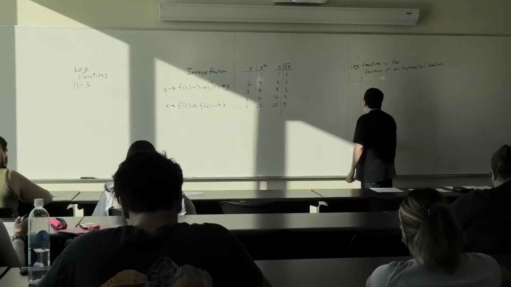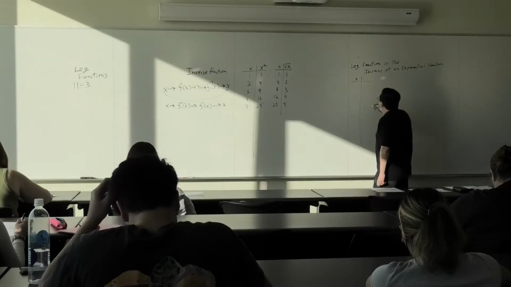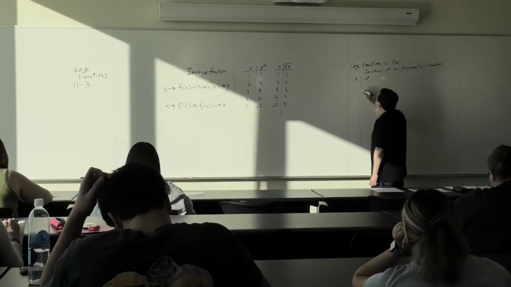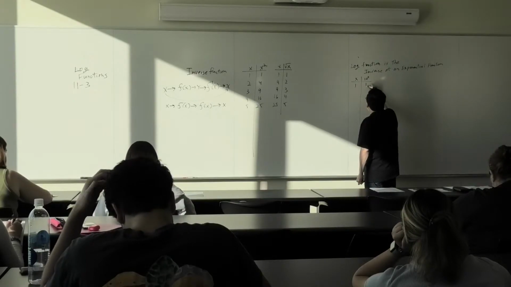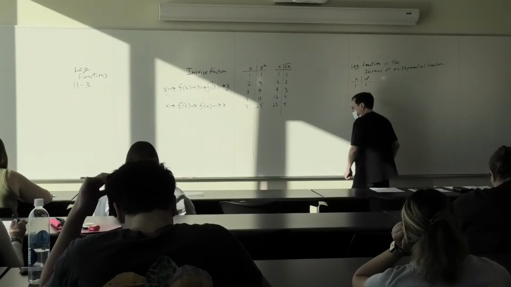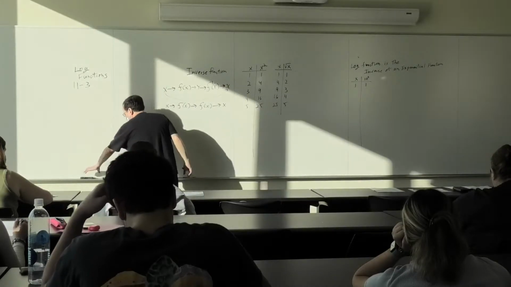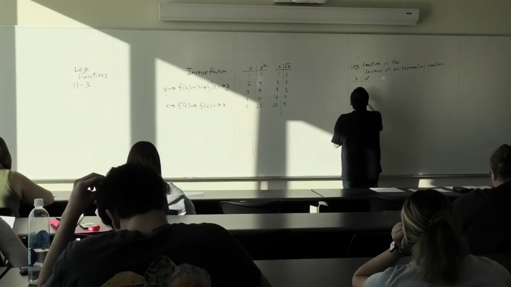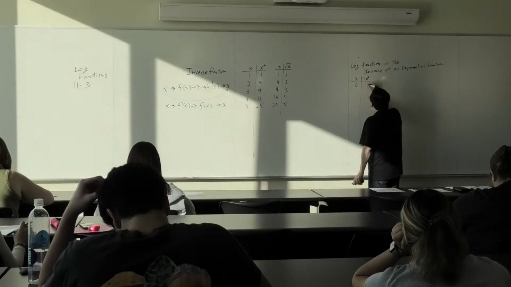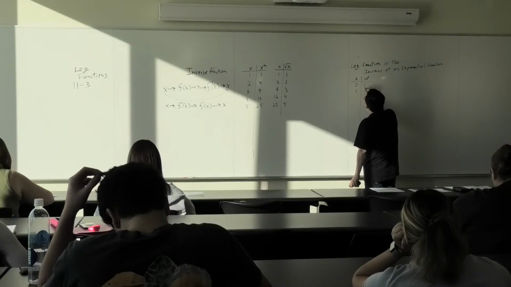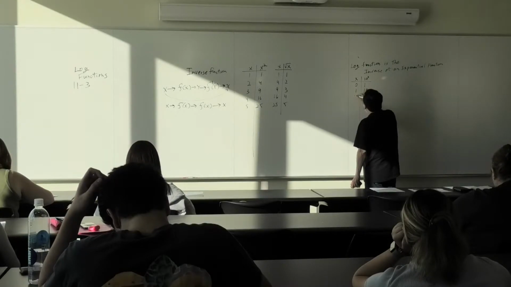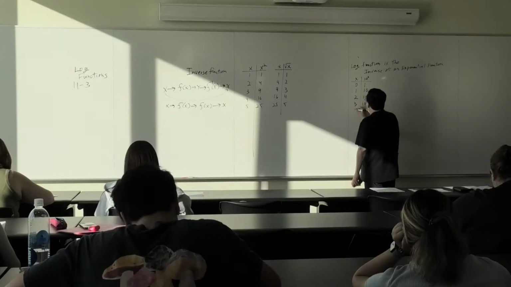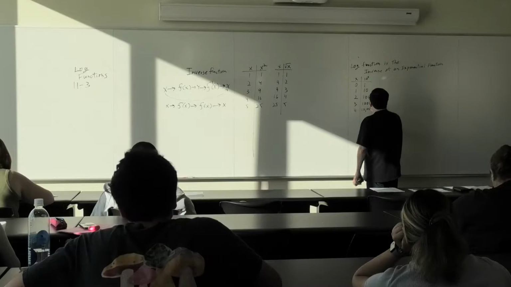My exponential function is going to be 10 to the x. If I start with 0, 10 to the 0 is 1. If I have 1, 10 to the 1 is 10. 2, 100; 3, 1,000; and 4, 10,000.